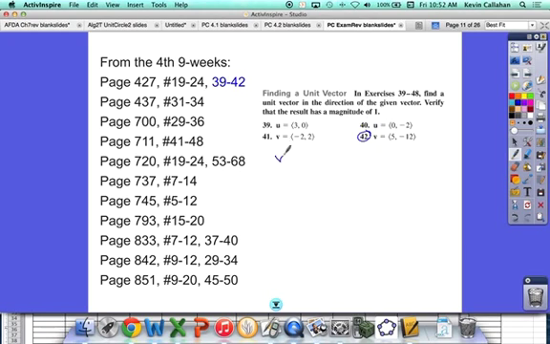So you're going to say the vector divided by the magnitude. In this case, the magnitude is going to be 13. So that'll be 5, negative 12 over 13. So 5 over 13, negative 12 over 13.